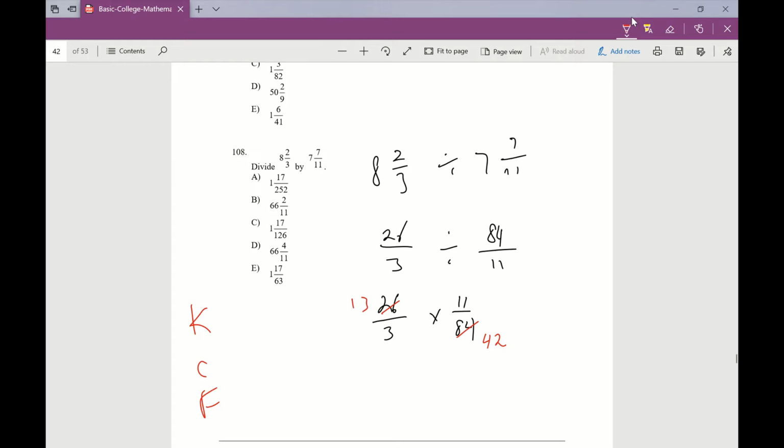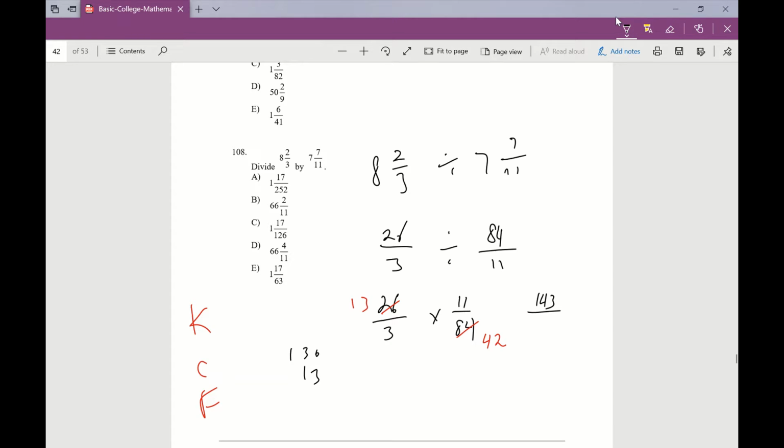Now we can do the math. 13 times 11 will be 143 over 3 times 42.